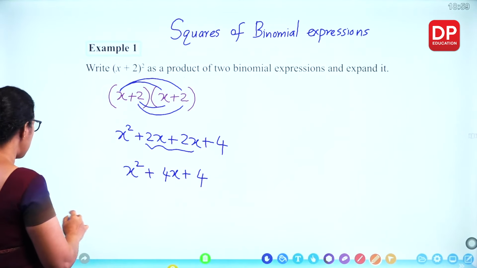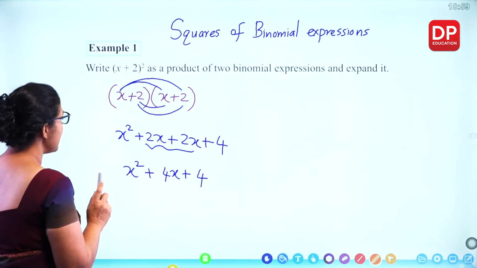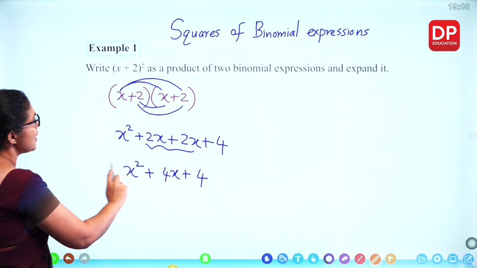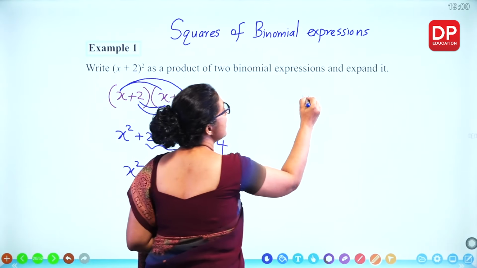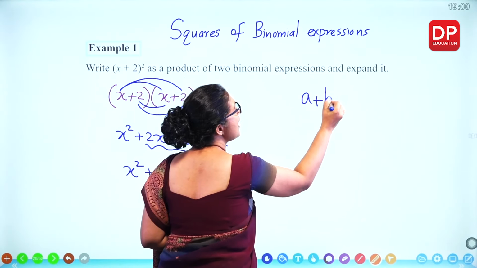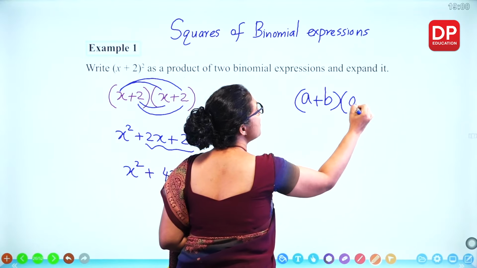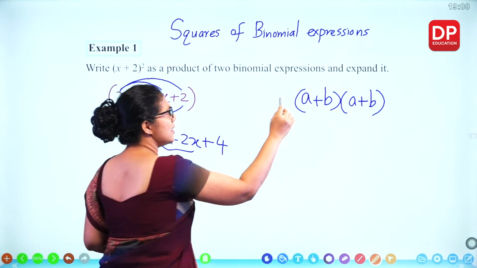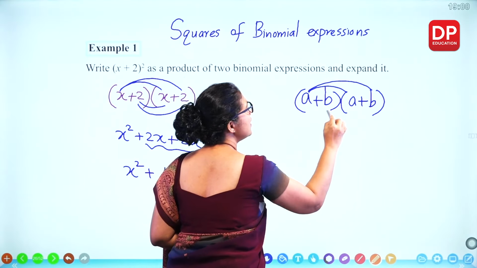Now we'll do another example and see what you can observe. So here, if you have two numbers like this, a plus b and another a plus b, what you get according to the rainbow method?